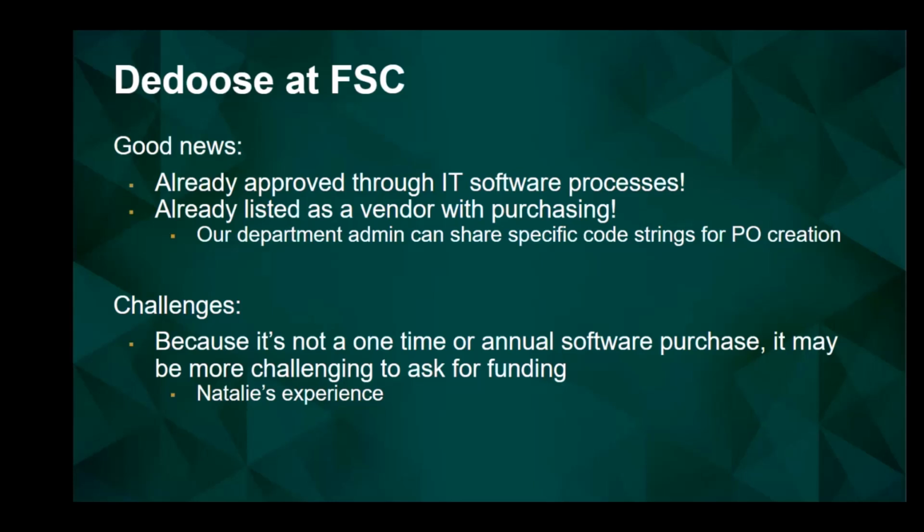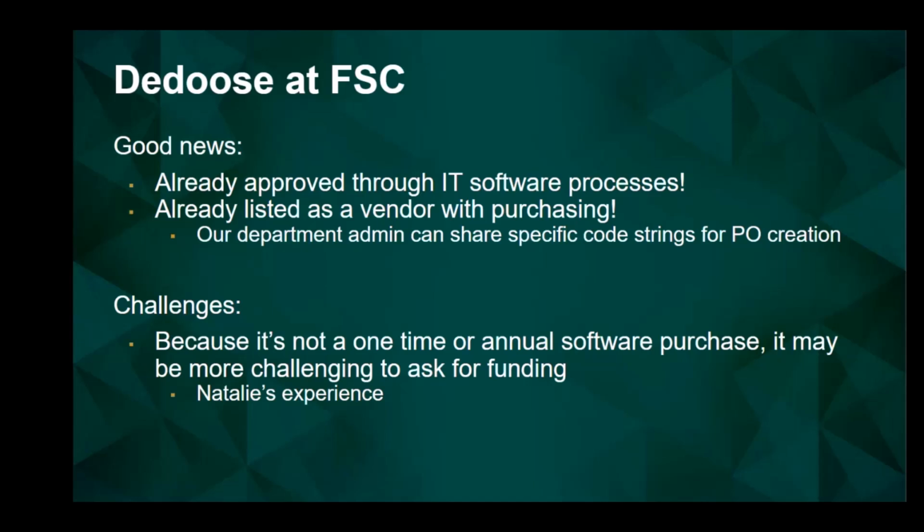How we handled that is we requested a certain amount of money, say $100, $200, whatever that amount might be. And that will just sit in your Dedoose account, and it'll just pull from that each month based on your usage. So it'll either pull that $17.95, that $32, whatever it is based on your usage, until you zero out.